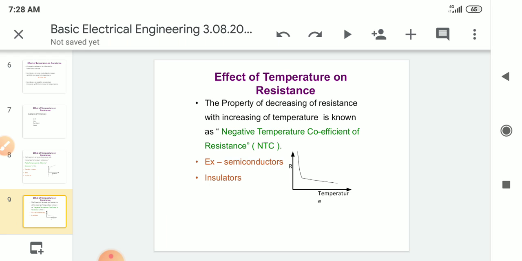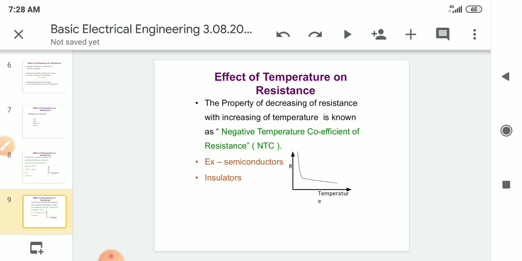Next model is semiconductors. In the case of semiconductors, the resistance decreases with increase in temperature. Hence this type of material has a negative temperature coefficient of resistance.